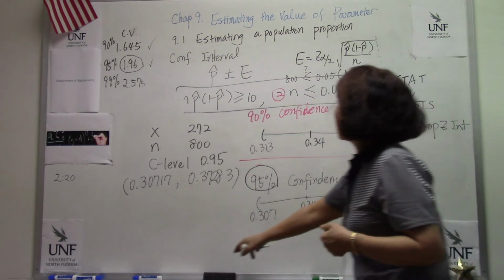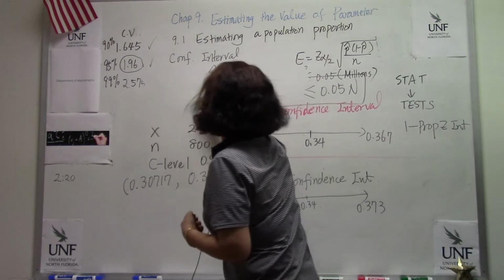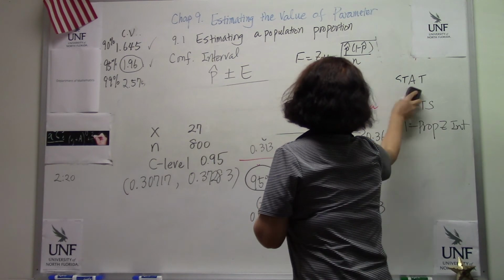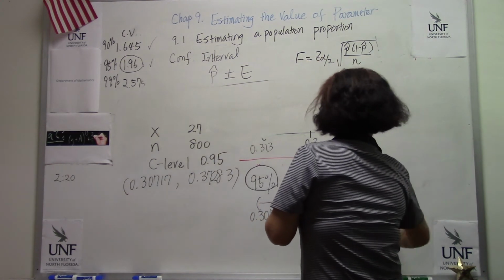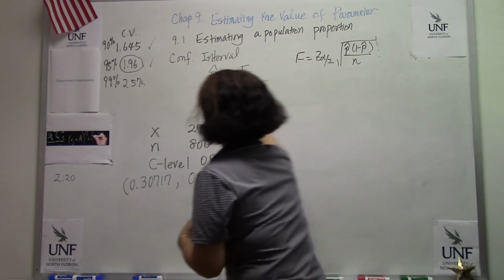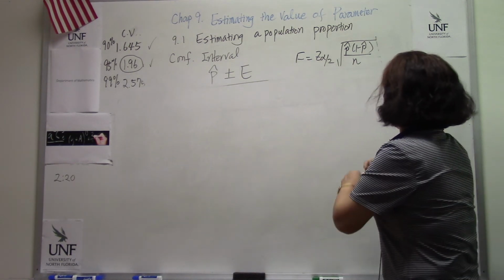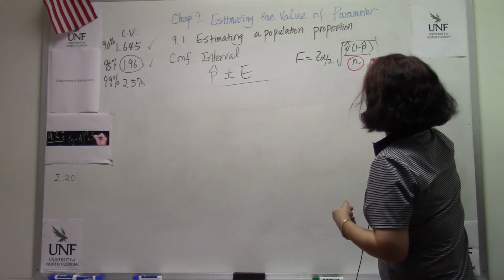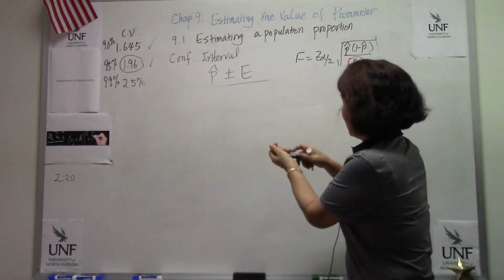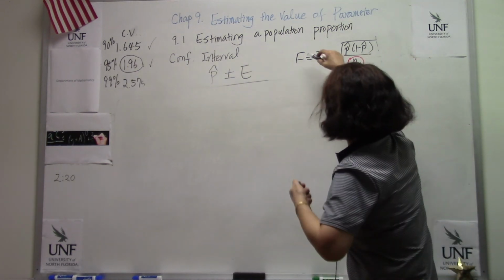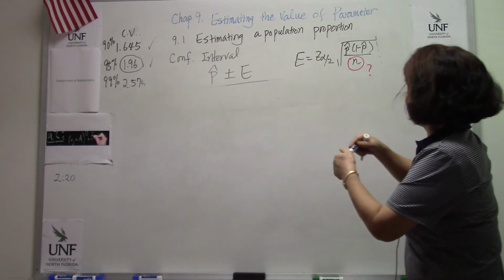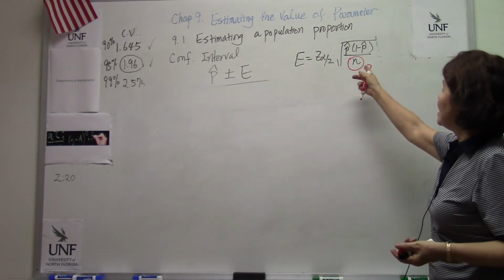So, in this formula, we want to compute what this one is. We call it E, correct? So how do you find this n?